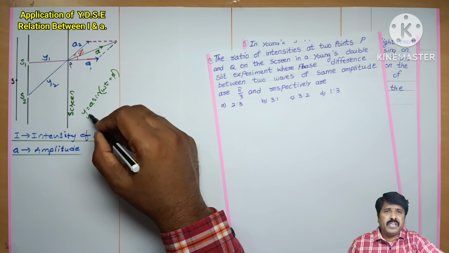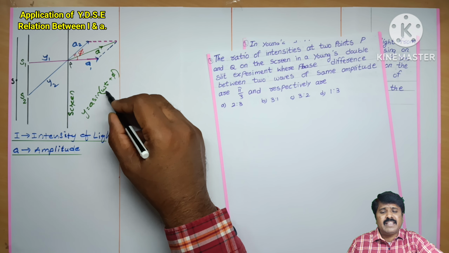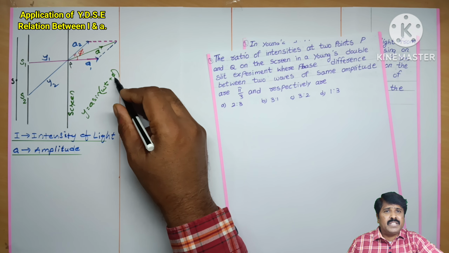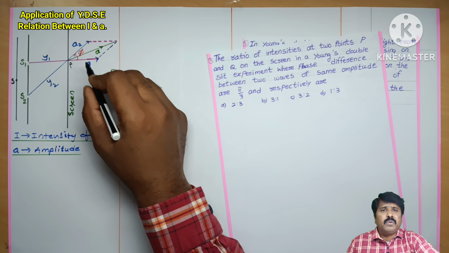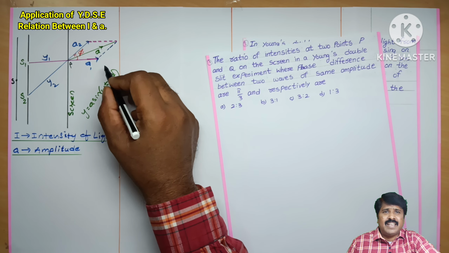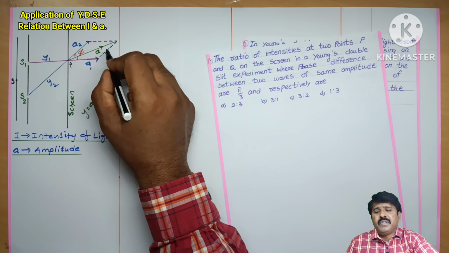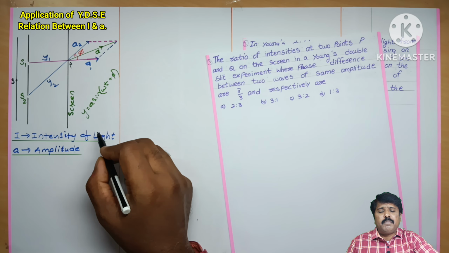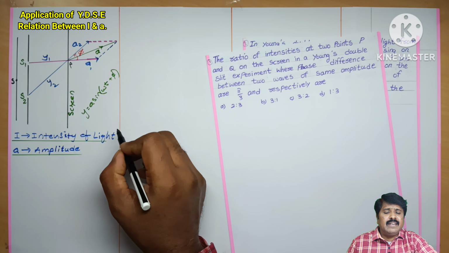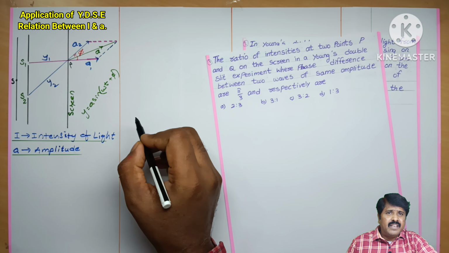The basic equation is displacement Y is equal to A sin(omega t plus phi), where phi represents the initial phase. A1 and A2 represent here two adjacent sides of the parallelogram, making an angle phi between them. A is the resultant amplitude, I is the resultant intensity of the light.